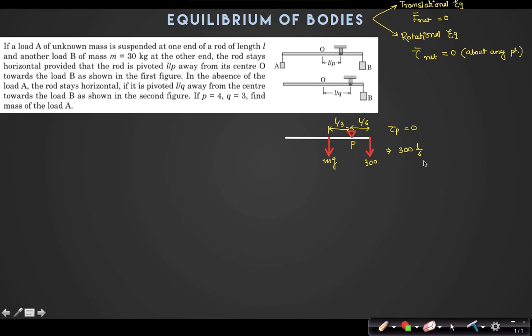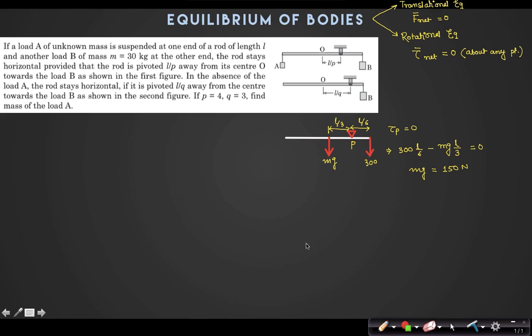It's mg times L by 3, coming out of the plane, so I can take it in the negative direction. We can just equate the magnitudes also. So from there I can find the value of mg. Yes, mg is 150 Newton.